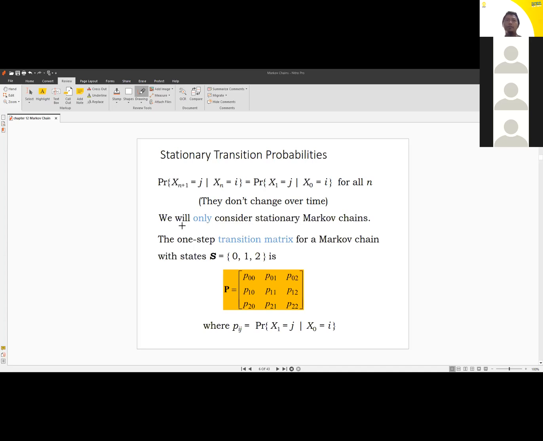We will only consider stationary Markov chains.